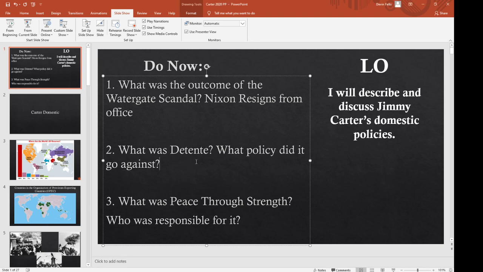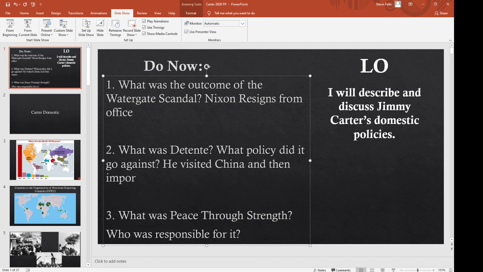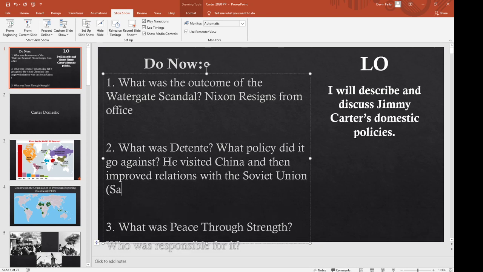So he visited China, right? And then improved relations with the Soviet Union through the SALT Treaty, right? Soviets didn't want to be salty about him visiting China, so they reached an agreement.